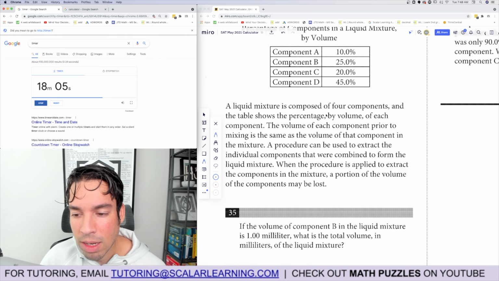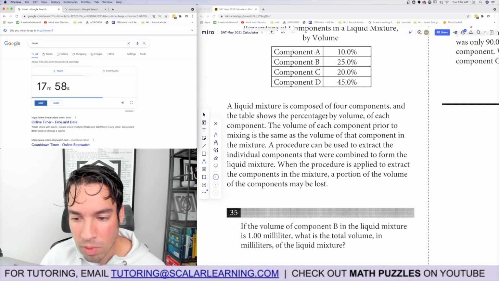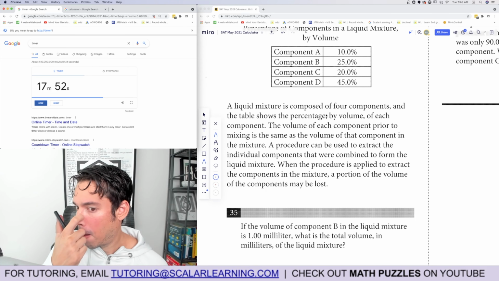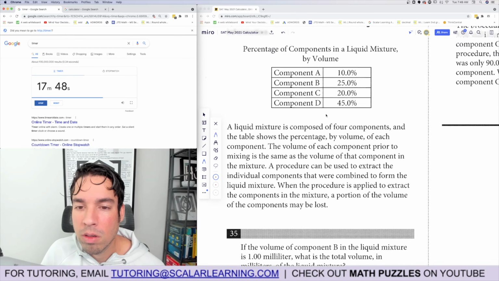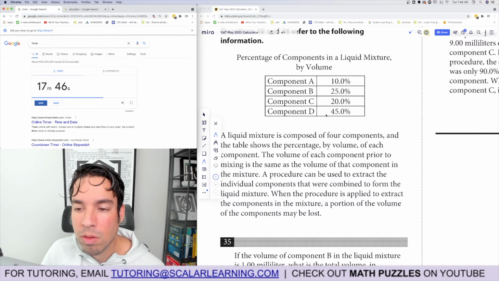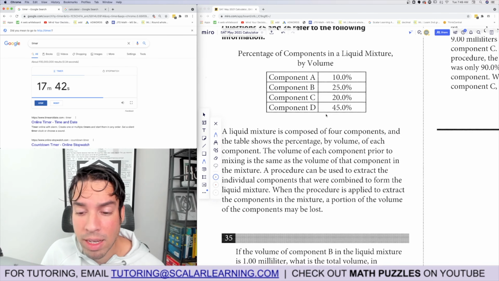A procedure can be used to extract the individual components that were combined. Hold on. Okay, so that makes up the entire mixture. I get it now.